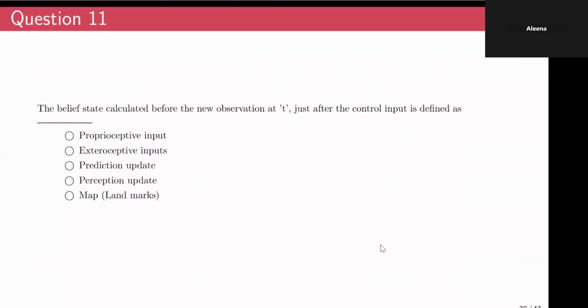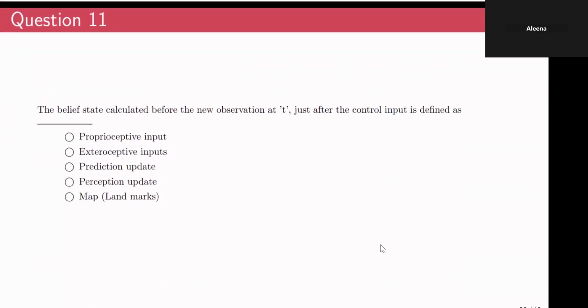I think, yeah, moving on to, I believe we have reached the second to last question. So the belief state calculated before the new observation at T, just after the control input, is defined as.